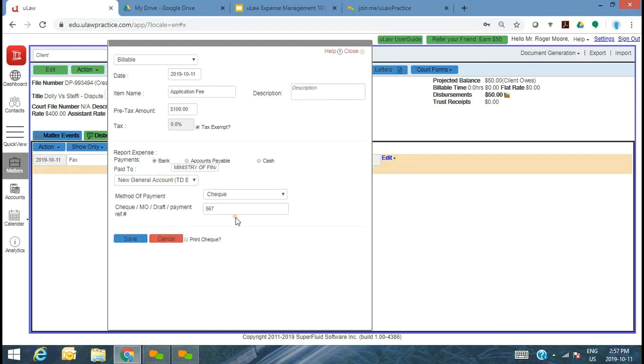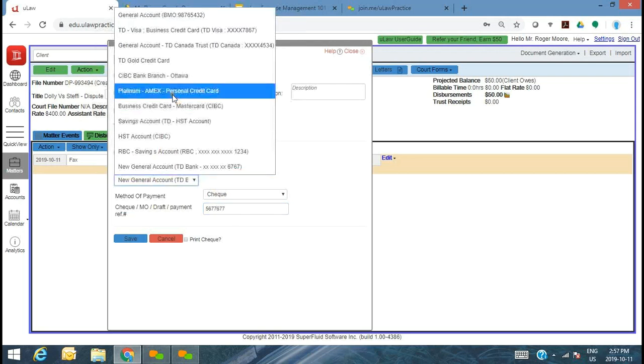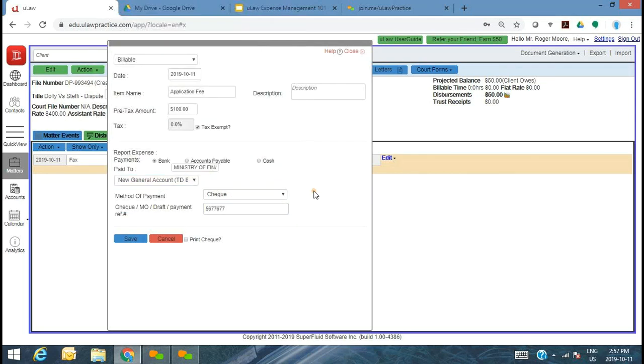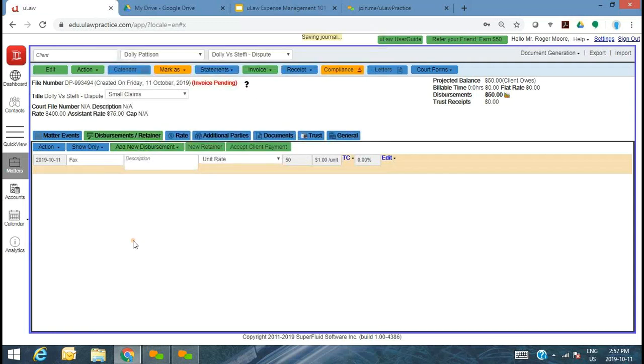So for the purpose of today's demo, let me assume it's a check that you wrote to the Ministry of Finance, or it could have been a credit card payment using your business credit card. And you can even print this check if you like out of uLaw. I'm going to go ahead and save this. So now you have two disbursements that you have captured as and when they happen, hopefully, or maybe soon after it happened. The sooner it is, the better the memory for you.